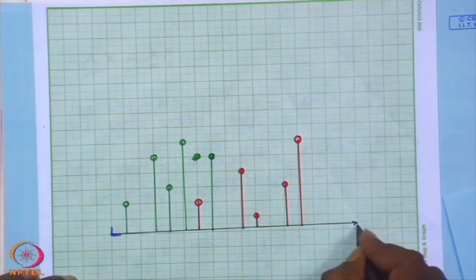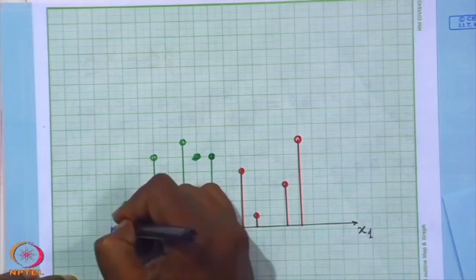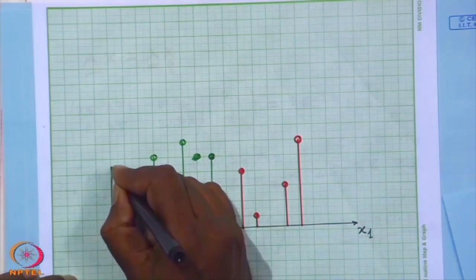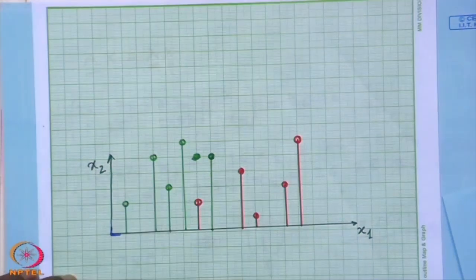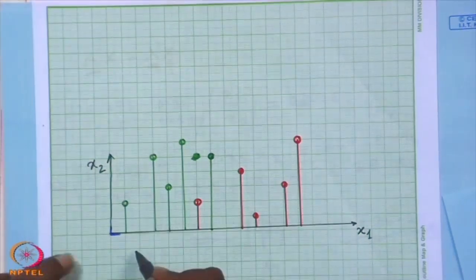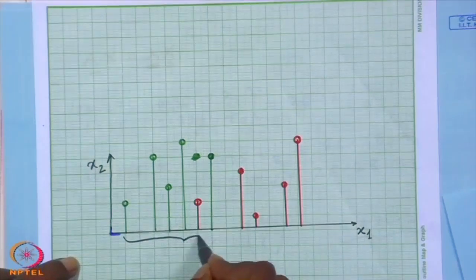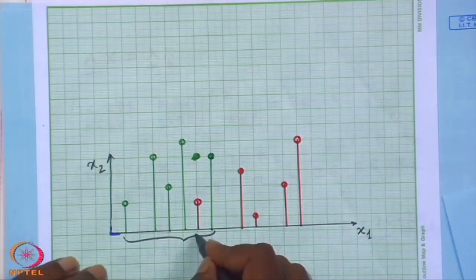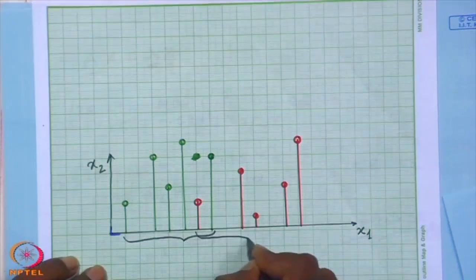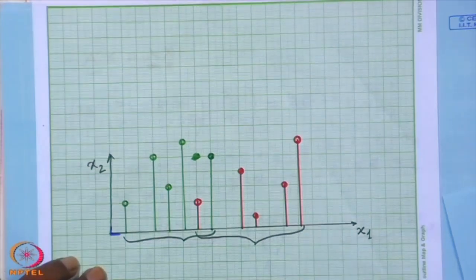So, what we have used is, this is my axis x 1 and this was my axis x 2. So, the feature vectors belonging to class omega 1 are projected onto points in the line which is in this range, and the feature vectors belonging to class omega 2 are projected over here.